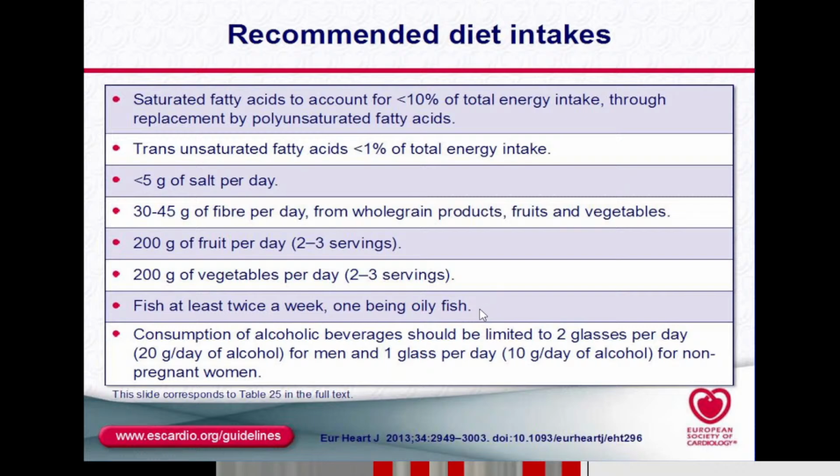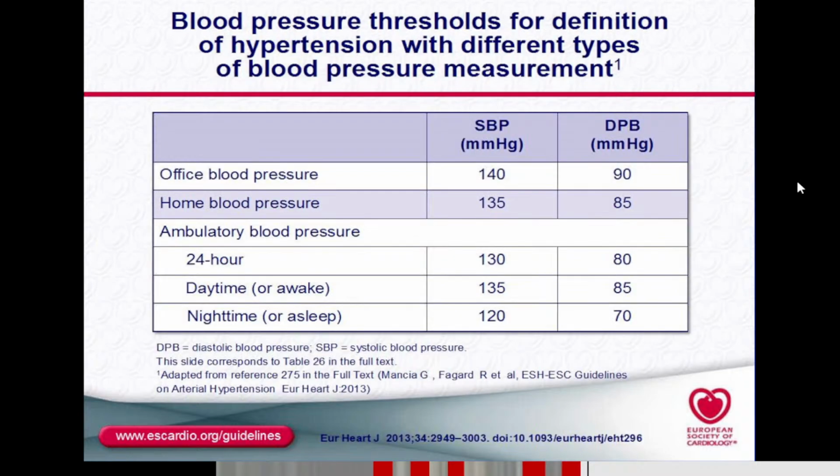What about alcoholic beverages? They should be limited. In general, these are the European recommendations. Some people don't understand how it is possible to use 20 grams per day of alcohol for men. Well, okay, in general, strictly restricted.